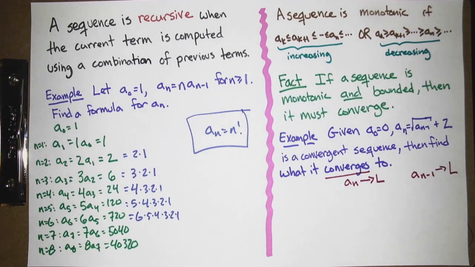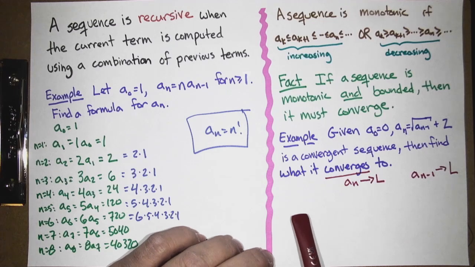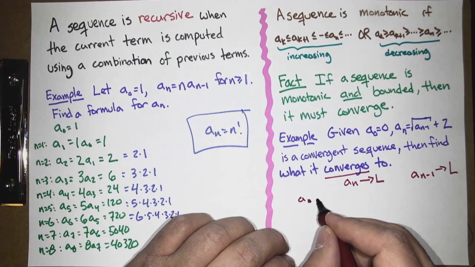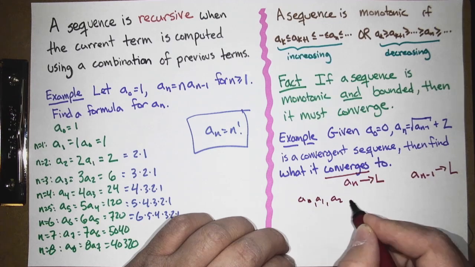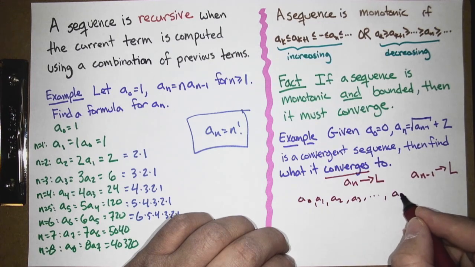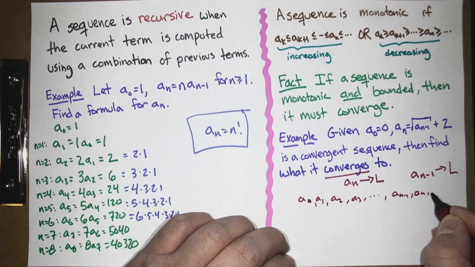Okay, why does that make sense? So what we're doing is we have this long list, right? So we have a0, a1, a2, a3, so forth and so on. And we're looking at this a sub n.